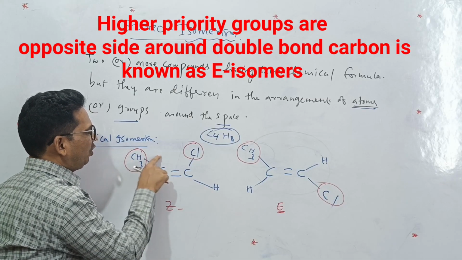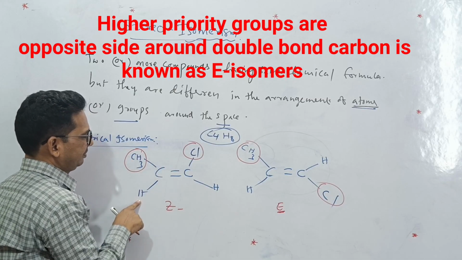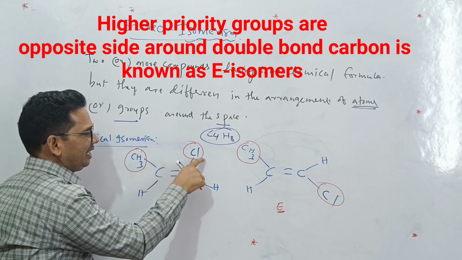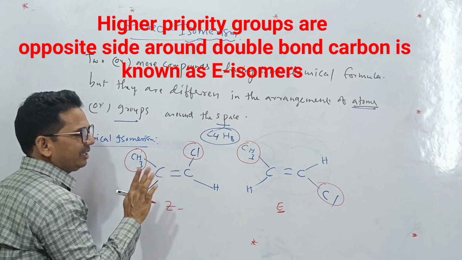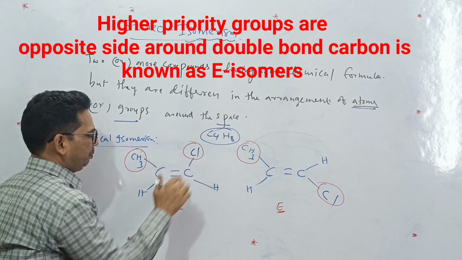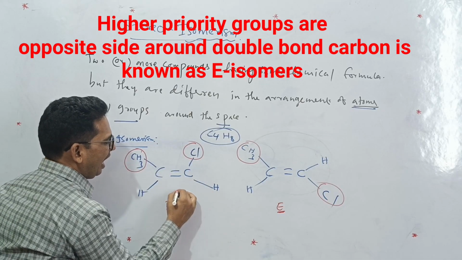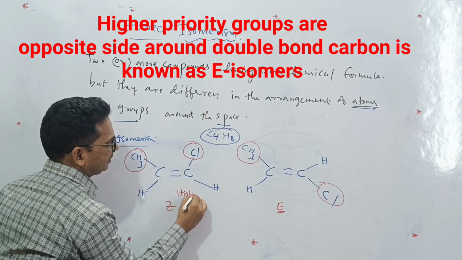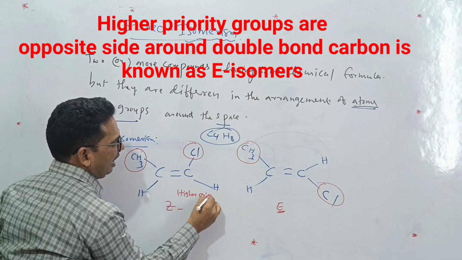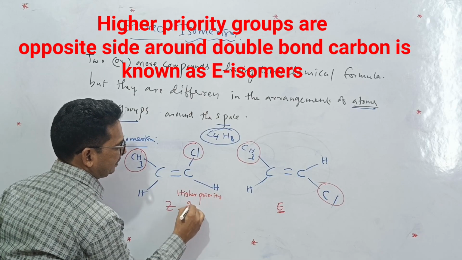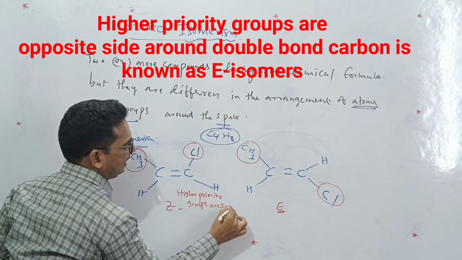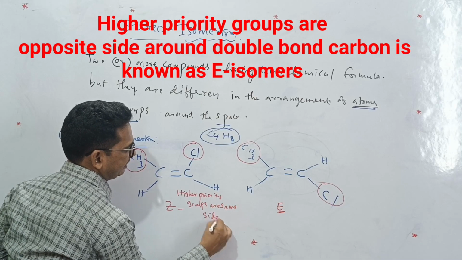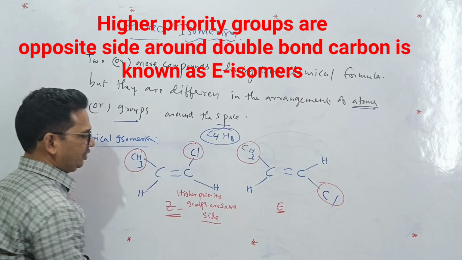Which one will have the more priority in this 4? This methyl as well as the chlorine. Not the same priority, higher priority groups. Higher priority groups on the same side, it is called the Zusammen.